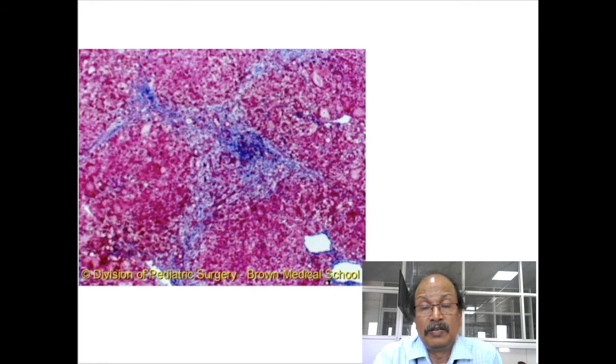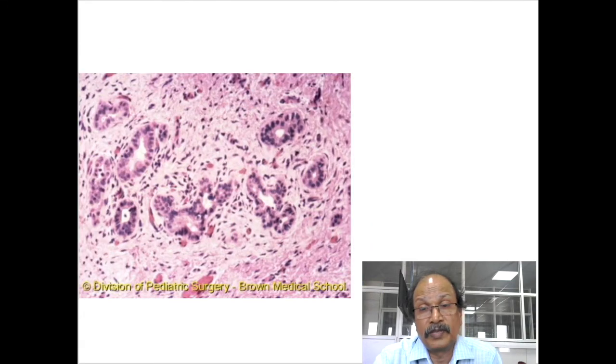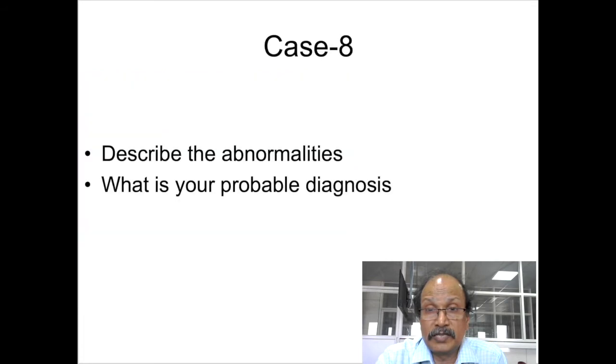If you look at the histopathology of biliary atresia, you can appreciate the presence of fibrosis, and these fibrous bands show proliferation of the bile ducts, and in addition to that there is inflammation. So proliferation of bile ducts is again supportive of biliary cirrhosis, and again a high power view of the fibrotic areas where you can see many bile ducts. So the probable diagnosis is biliary atresia.